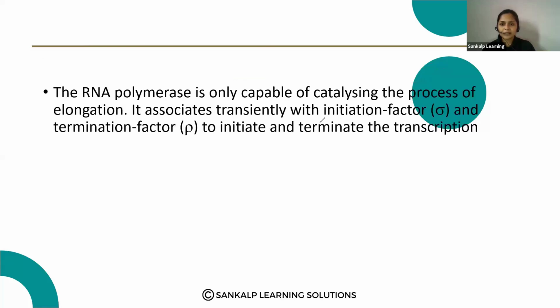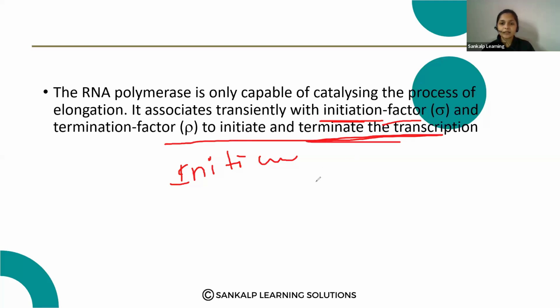The sigma factor is called the initiator factor, which initiates the transcription, whereas the rho factor is called the terminator factor, which ends the transcription. So this much is enough for the 2 marks. What is the function of the sigma and what is the function of the rho factor?